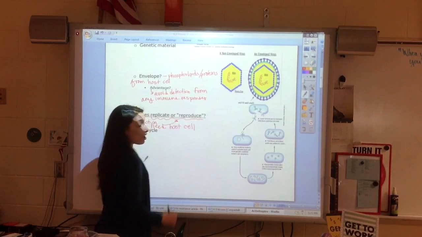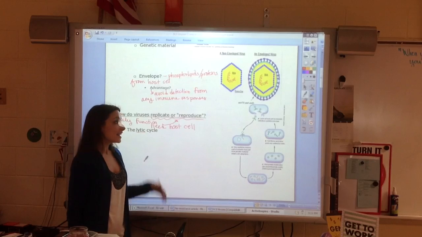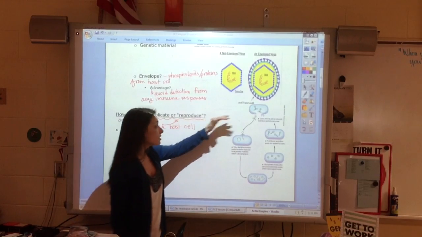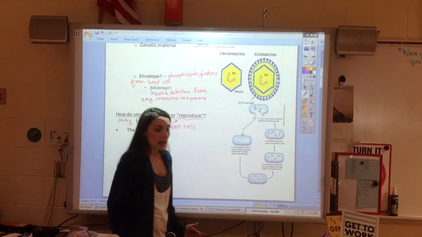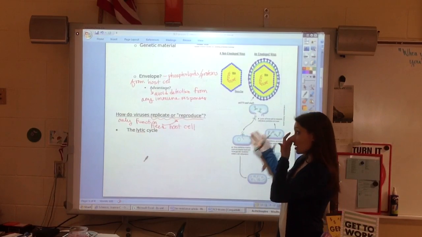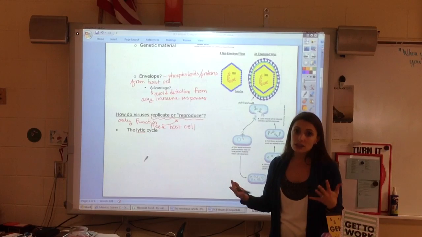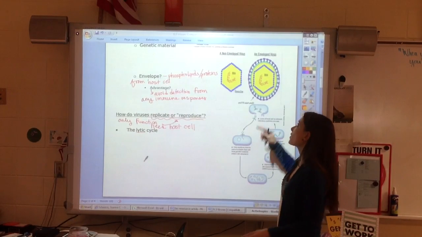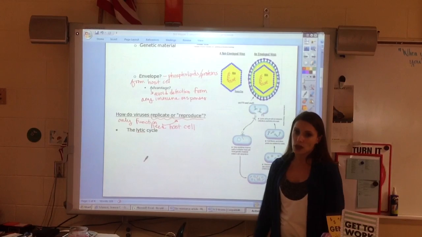So they're what we call obligate intracellular parasites. They have to have a host cell to even be able to reproduce. We know that when we look at life, the main objective of life is to reproduce. That's all that viruses can do. They can't make toxins, they can't make anything other than their own structure, and they can't even do that on their own.